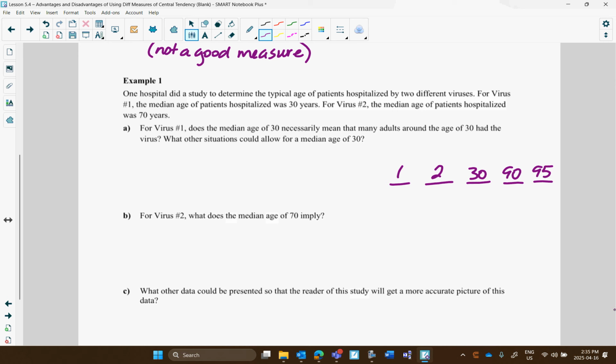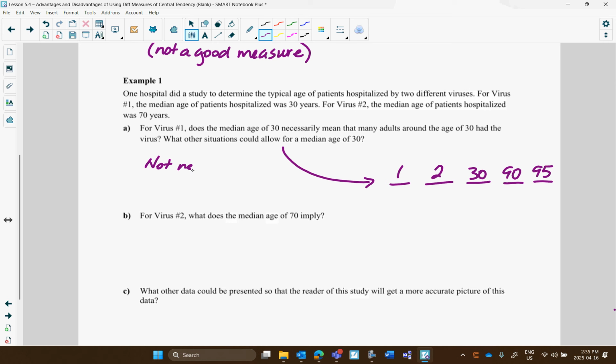So not necessarily. It's just the middle number works out to be 30. And the thing with the median is extreme low values and extreme high values will balance each other out. Okay. So the answer would be not necessarily.